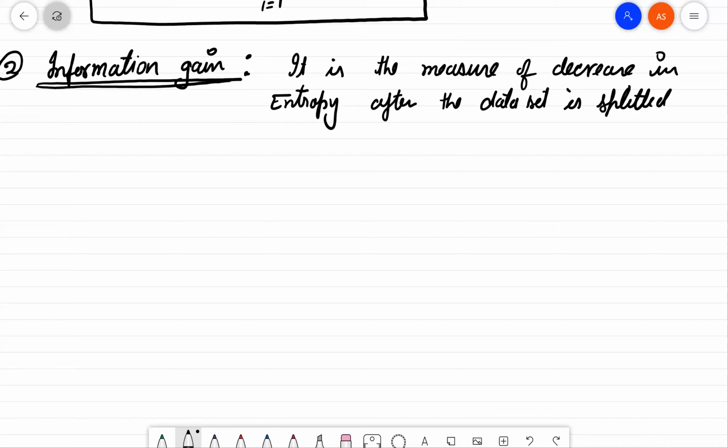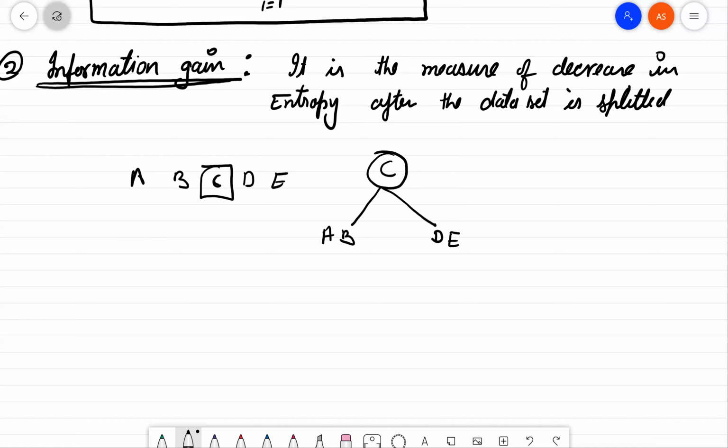Suppose we have A, B, C, D, E as the attributes in our data set, and suppose attribute C has the highest information gain, then C will be chosen as the node for splitting the data. Here we will decide on the basis of a condition whether A, B will come here or D, E will come here, but which attribute will be the root node we will decide on the basis of the information gain.